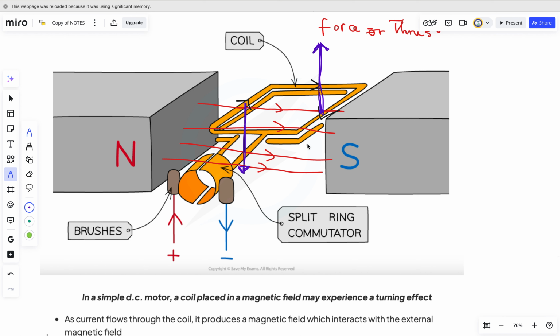If the current is going down, according to Fleming's left-hand rule, the force will act upward. Always remember that. Now, if the current is going up, the force will be opposite. The force or thrust will act downward. And this will cause this rectangular coil to rotate between these magnets.